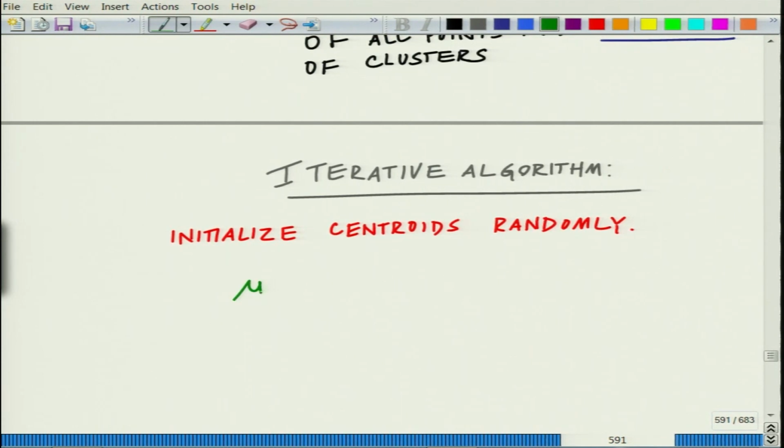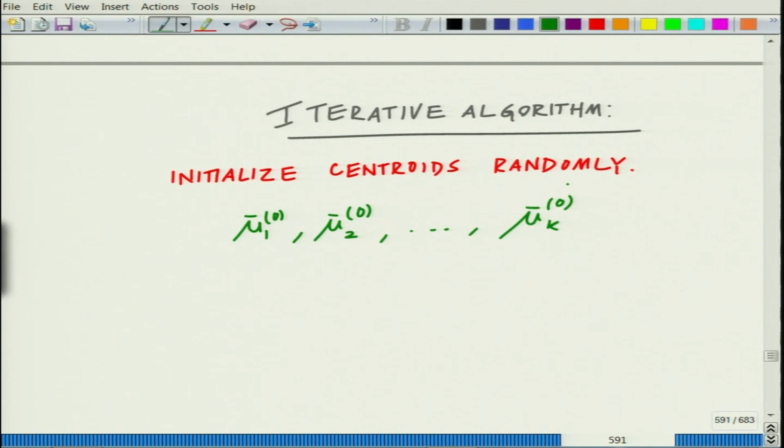So, we will start with the centroids mu bar 1, mu bar 2, up to mu bar k, the centroids of the k clusters in the 0th iteration. As usual, this is our iteration index, and this is iteration 0, even before the iteration begins.